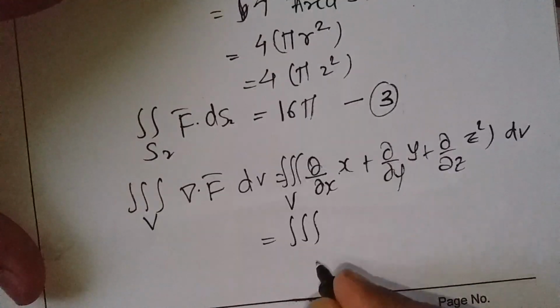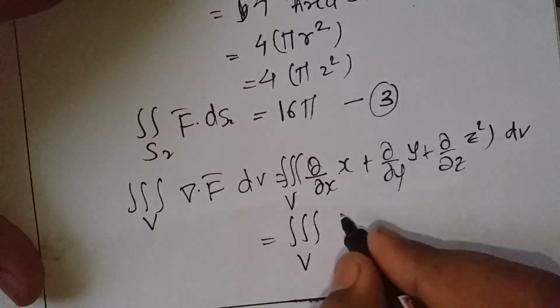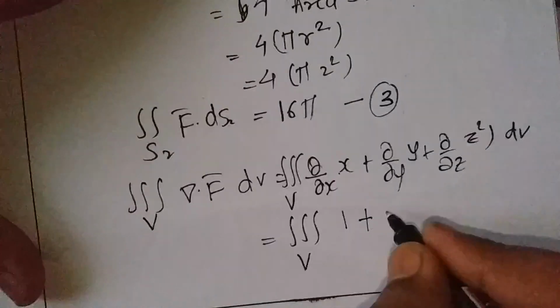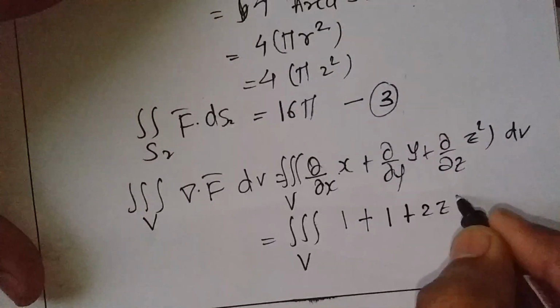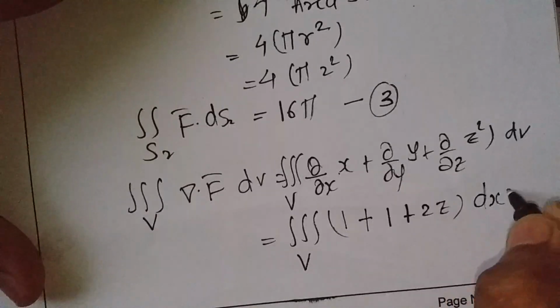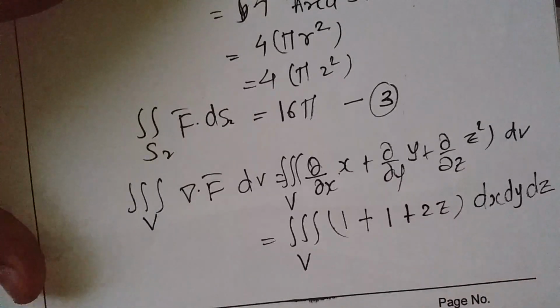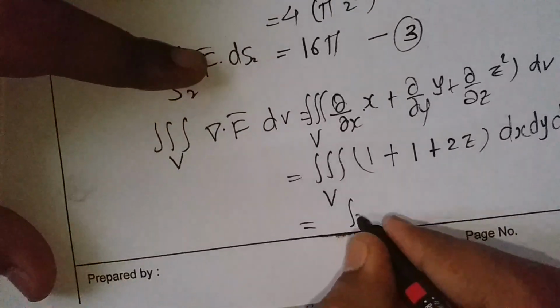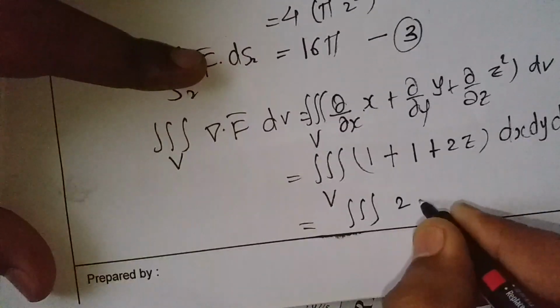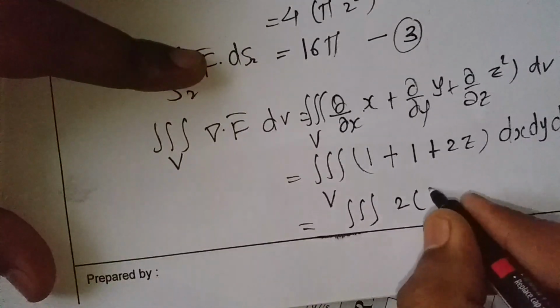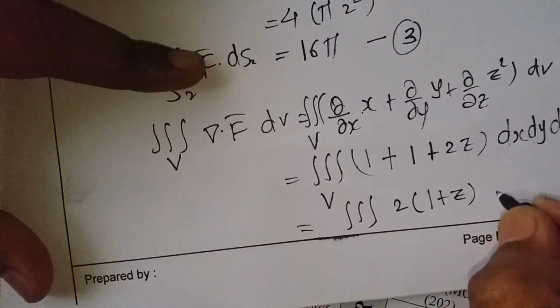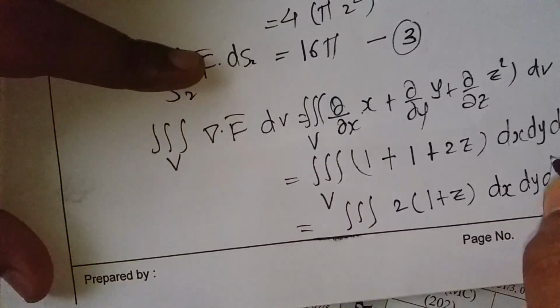So the divergence will be 1 plus 1 plus 2z. So this is the triple integral of 2 plus 2z, that is 2 times 1 plus z, dx dy dz.